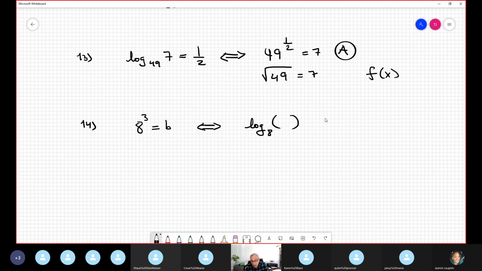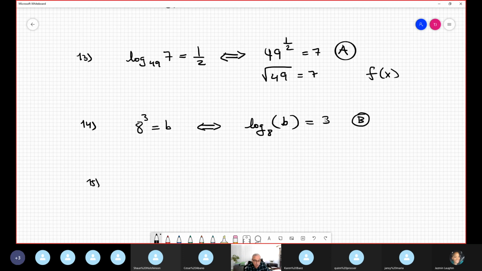This is the name of the function, log base A. And the answer, I know very well, is always the exponent. The exponent is the answer. And the rest is missing here, B. This is option B.